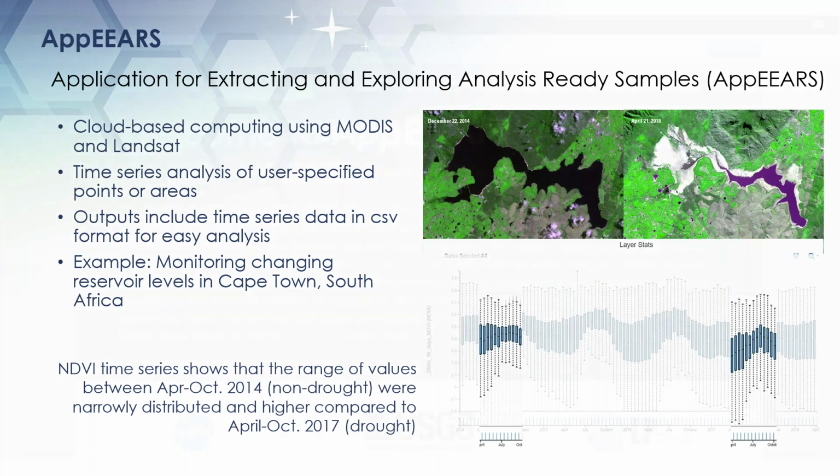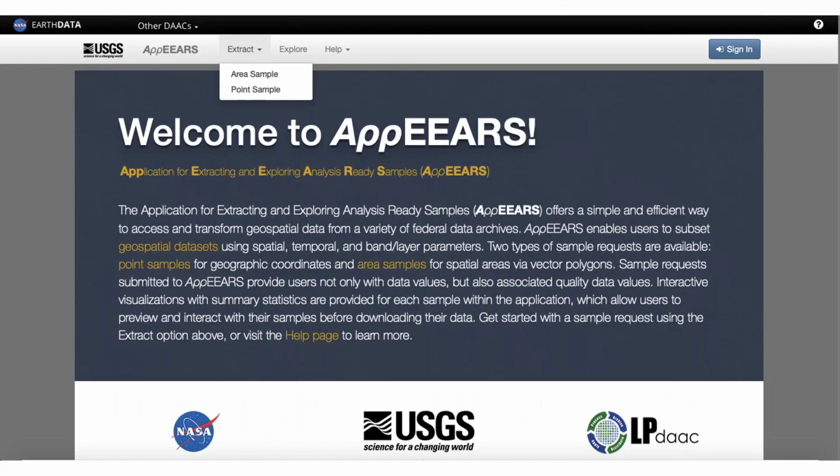So for this exercise, Cindy is going to walk you through an example of mountain pine beetle infestation in the Black Hills. And we'll be using point locations and this similar type of analysis within AppEEARS.